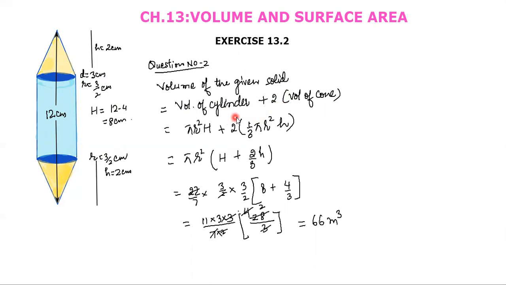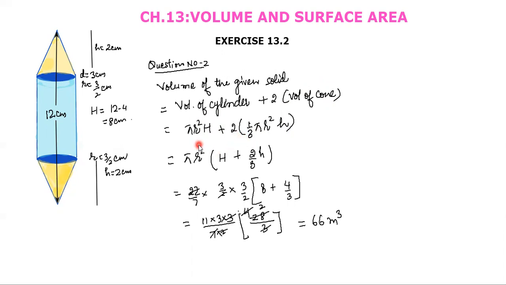Now I will apply the formula. You must remember that the volume of a cylinder is pi r square h, and the volume of a cone is 1/3 of pi r square h, and it is multiplied by 2 as there are two cones.